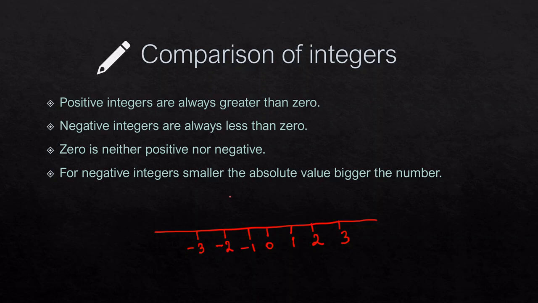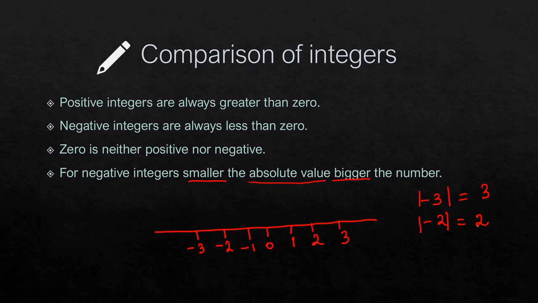For negative integers, the smaller the absolute value, the bigger the number. What does it mean? Let's take minus 3 and minus 2. Let's find the absolute values. The absolute value of minus 3 is 3 and the absolute value of minus 2 is 2.